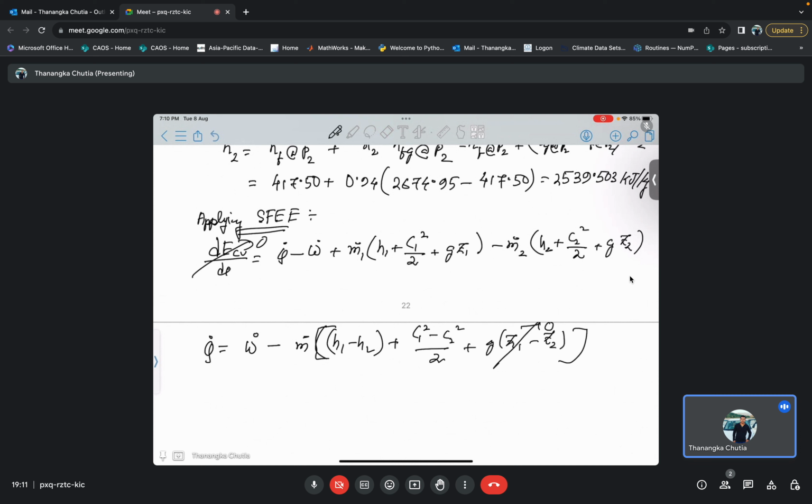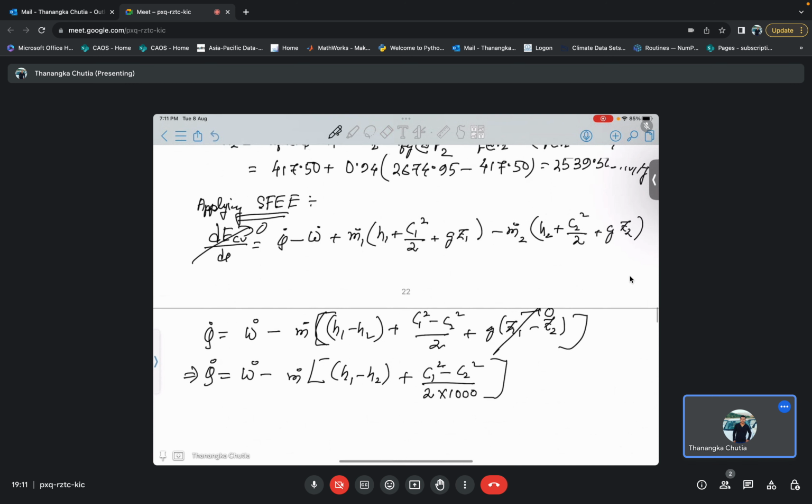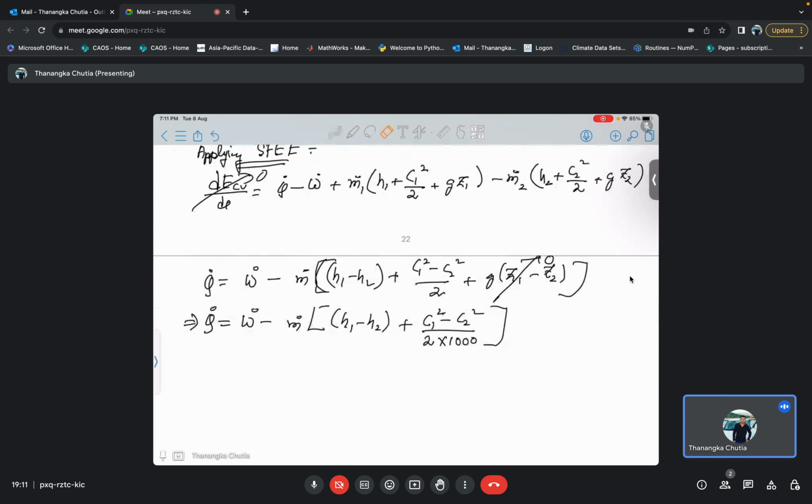Now neglecting the changes in potential energy as 0, Q dot is equal to W dot minus m dot times (H1 minus H2 plus (C1 squared minus C2 squared) by 2) into 1000. I am doing this in order to convert everything into kilojoule.